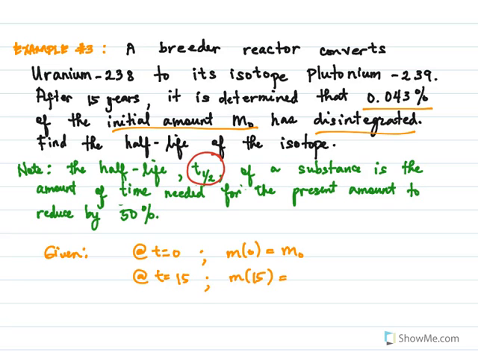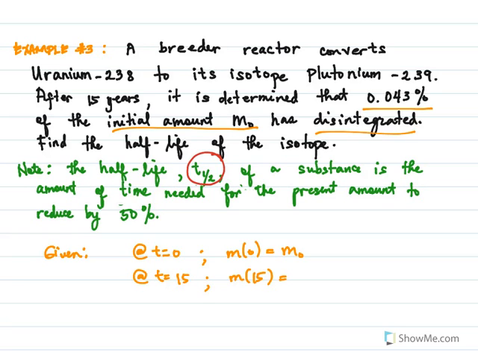So 0.043% ang nawala. Remember that your M is the amount that is remaining. So dapat ang magiging amount mo dito, yung M of 15, is how many percent of the initial amount remains after 15 years, and that's 100% minus the 0.043%.